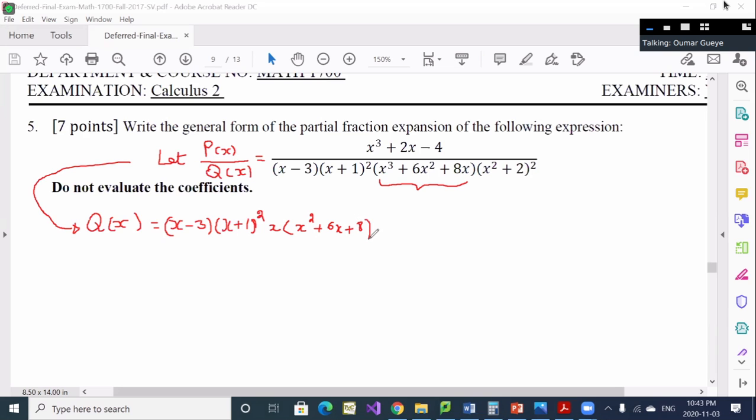And I'm just going to copy now the last part here, which is just x squared plus 2 to the power 2. So the last factor is a quadratic factor, and it's irreducible because it's not possible to factorize this one. Now I still have a quadratic factor here, which is reducible because you guys can see this, we can factorize it, okay?